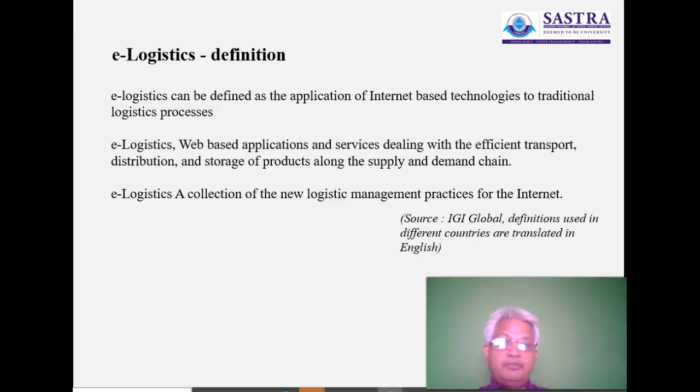Well, we'll look at the statement once again and thoroughly try to ascertain what does this definition actually mean. It's a web-based application. We know it's electronics, internet-based technology, and it's a service. It deals with efficient transport, distribution, and storage. That is your warehouse. Now, let us see why these three words are attached with the word efficient.